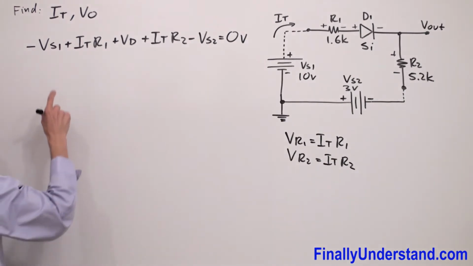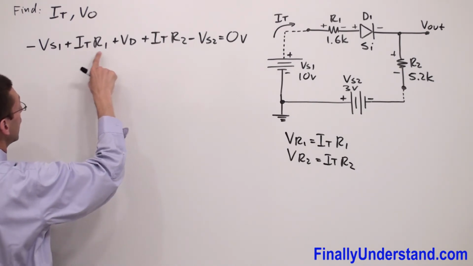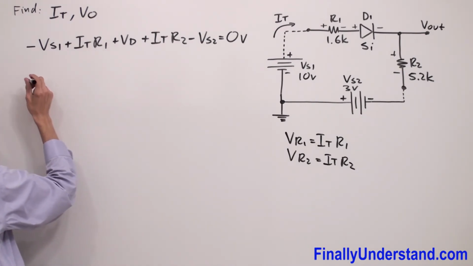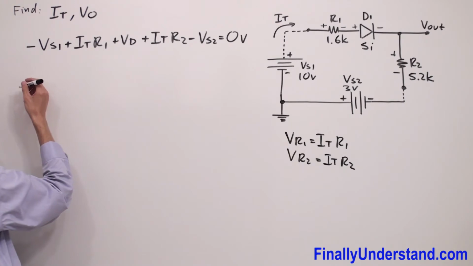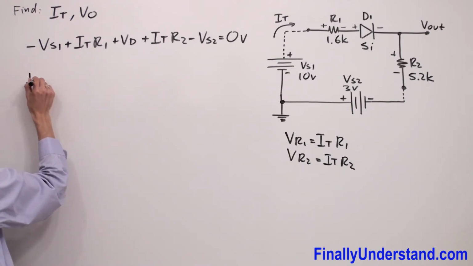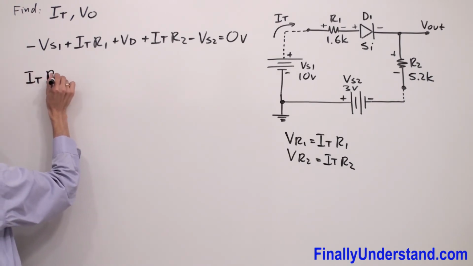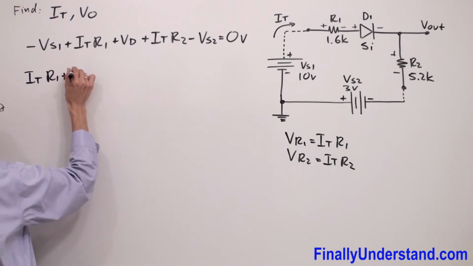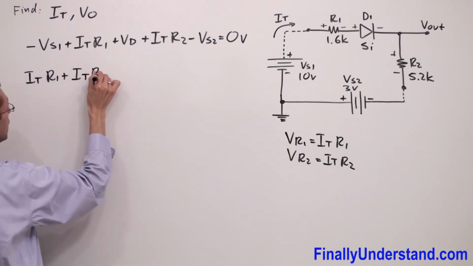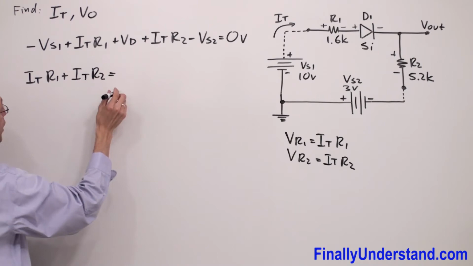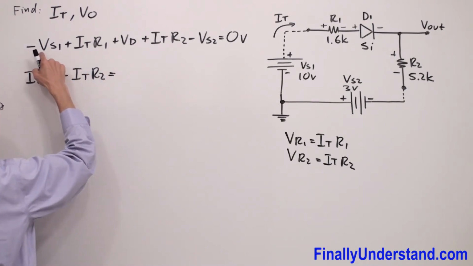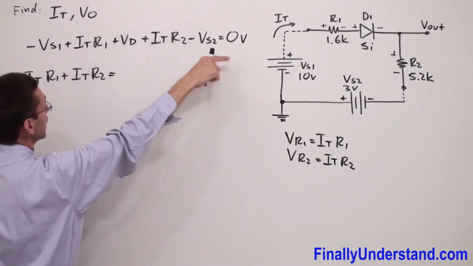Next, I'm supposed to solve this equation for I total. So I'm going to combine the like terms and factorize I total. So I have I total R1 plus I total R2 is equal to, I have to move my negative voltage source 1 to the right side of my equal sign.